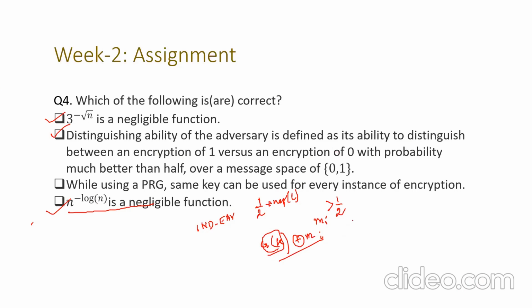As I was saying, generically when we are using a PRG, you cannot use the same key for every instance of encryption because that will not lead to your DAP security, okay? Because the scheme is deterministic. So the only correct statements here are 1, 2, and 4.